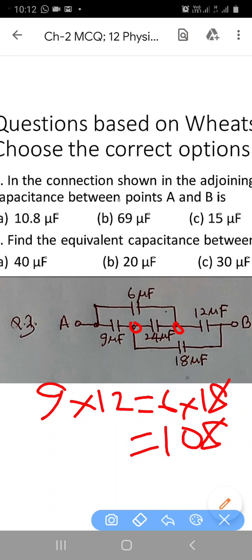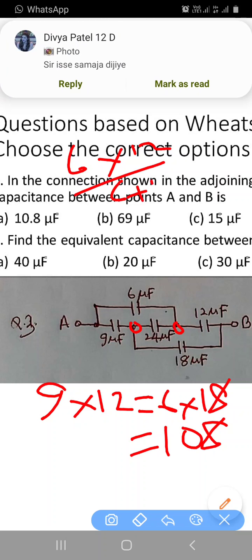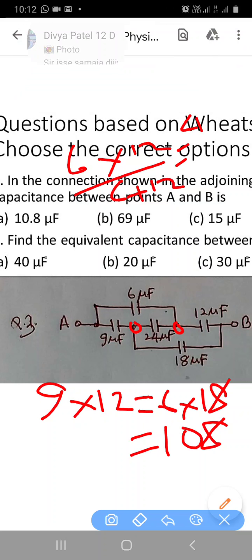Then 6 and 12 will be in series, so the effective capacitance is 6 into 12 upon 6 plus 12, that is 72 upon 18, that is 4 microfarad.